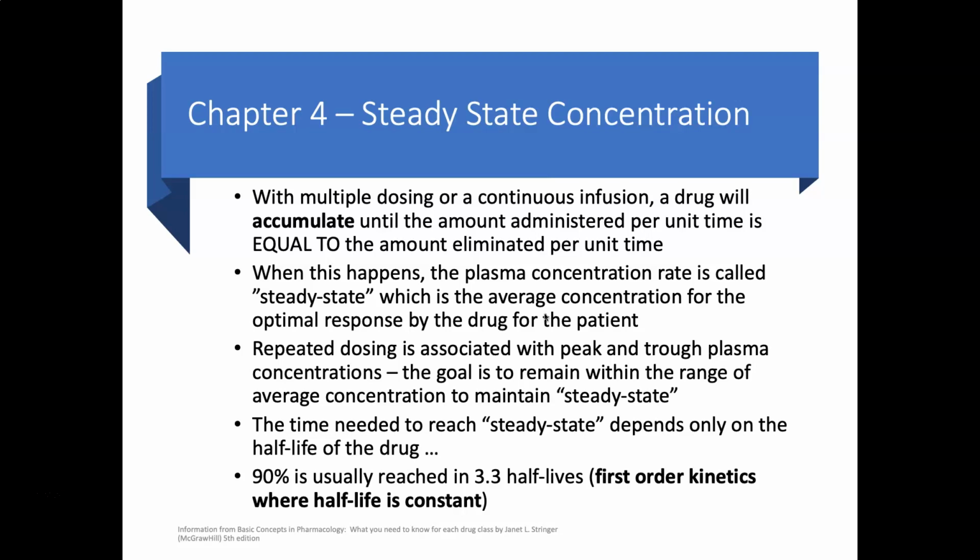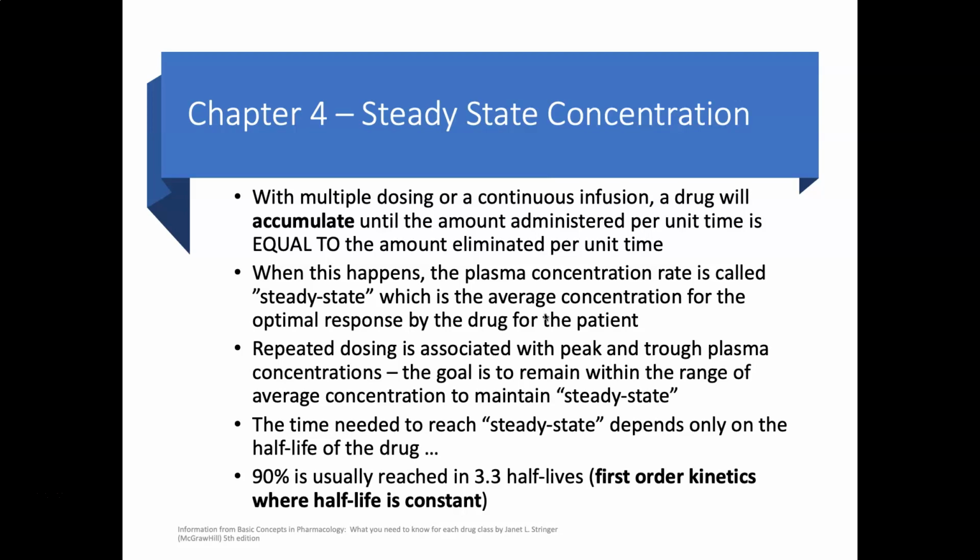You're going to have peaks and troughs because as you give it, it's going to slowly wear off. Then you're going to give another dose and it's going to go up. Then it's going to go down. But it's within a certain range. That peak and trough plasma concentration is within a specific range. That is the average concentration needed to maintain that steady state.